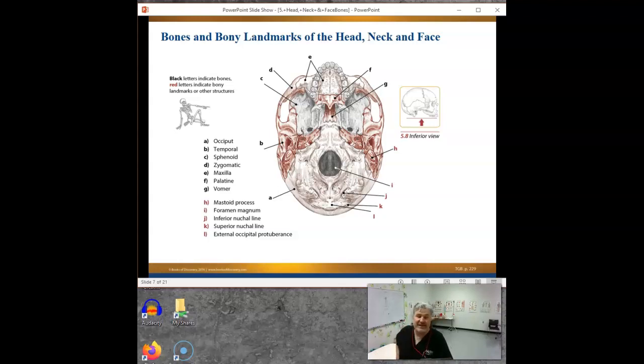This thing is a really big hole. But does the second word start with an A? No. And it doesn't start with a B either, or a C or a D, or an E or an F. Just, it's a foramen, okay? But it starts with an M.